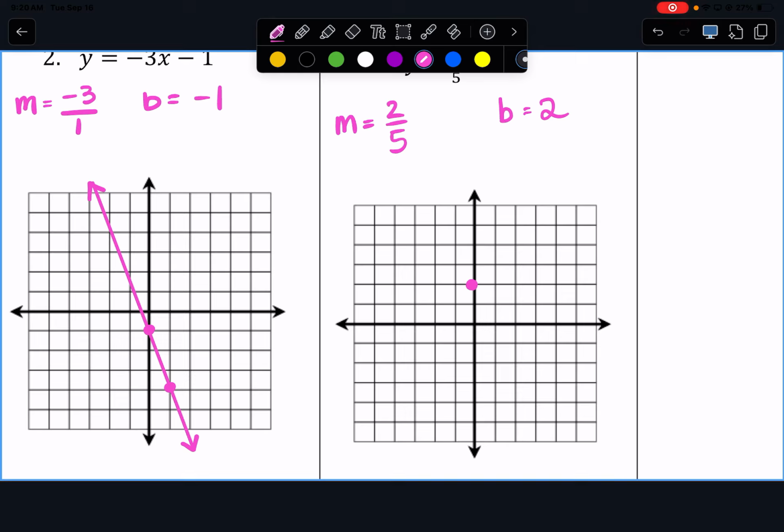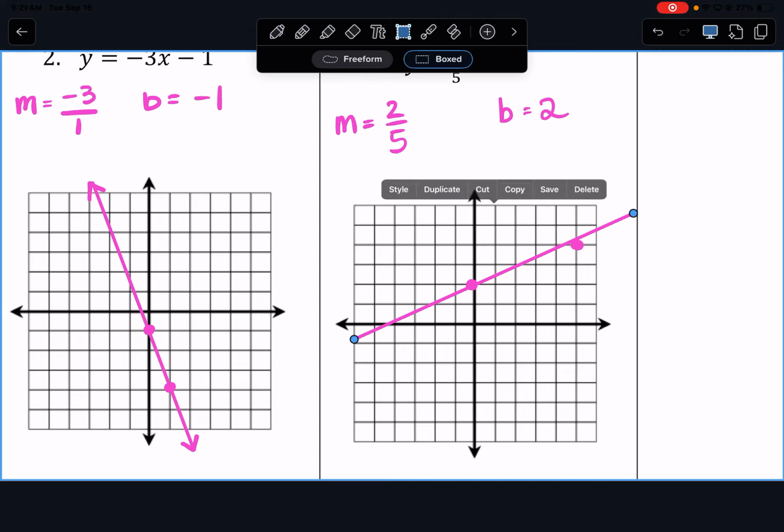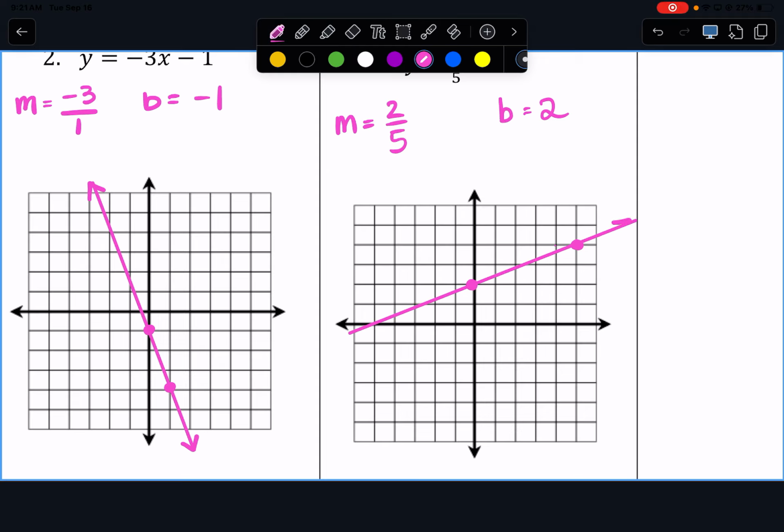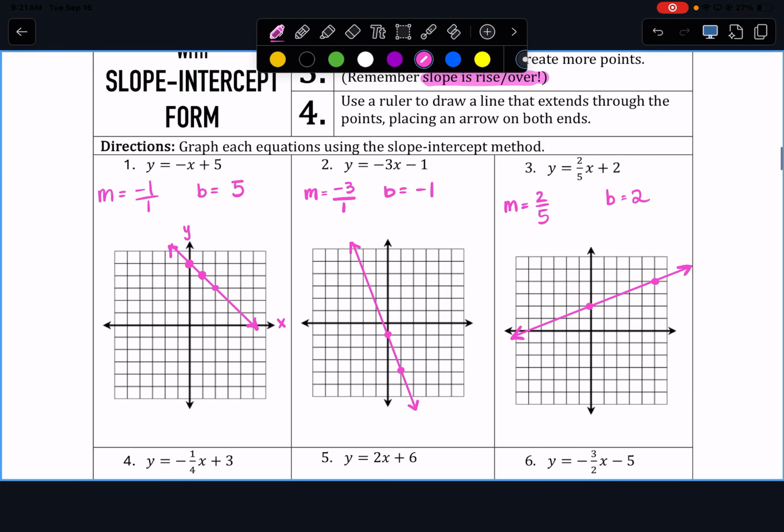Which way do I need to go over? Right. 1, 2, 3, 4, 5. And that is our graph.